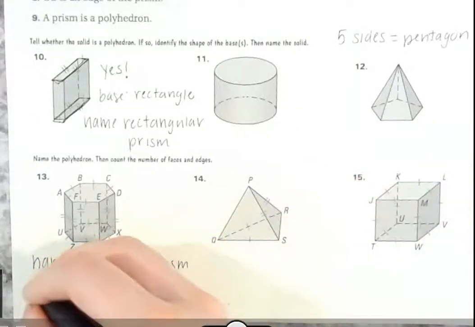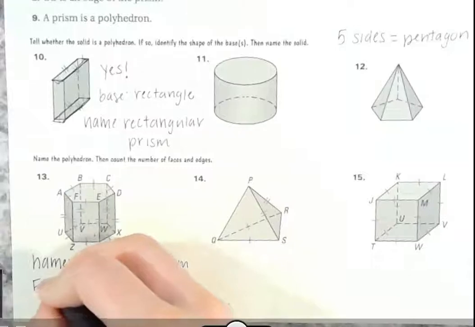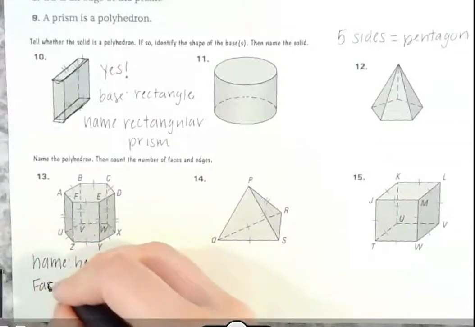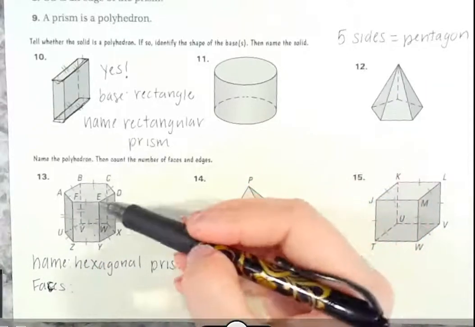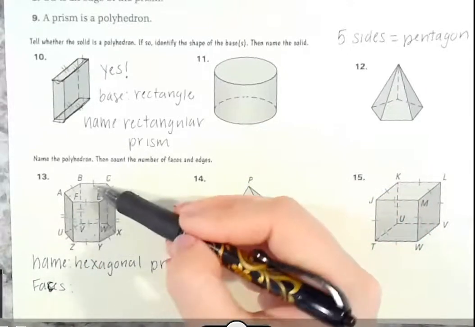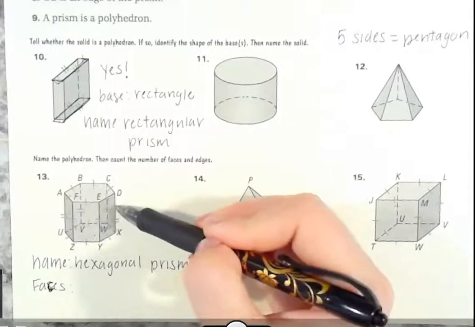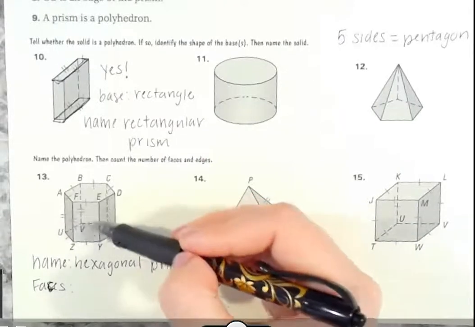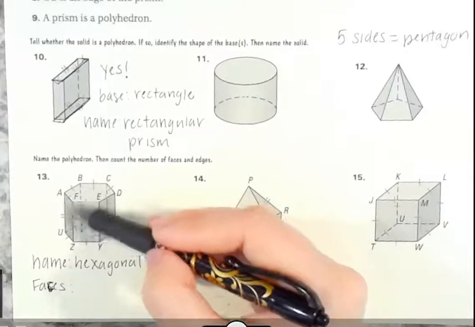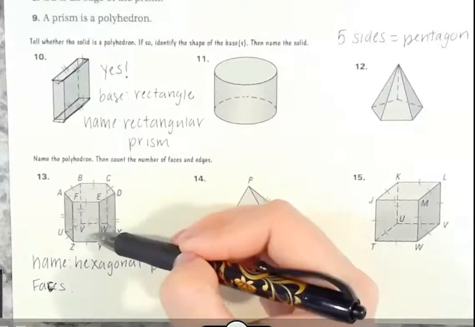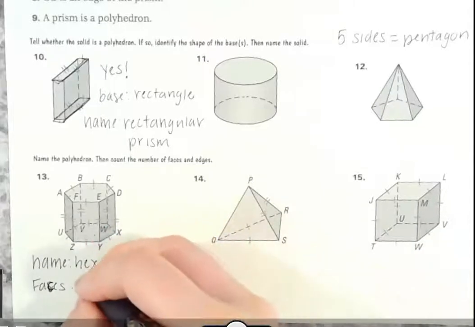Now I'm looking for how many faces it has. So I have a top and a bottom, so that's 1, 2. Now we have to count up the walls of our prism. So 1, 2, 3, 4, 5, 6, 7, 8. 8 faces.